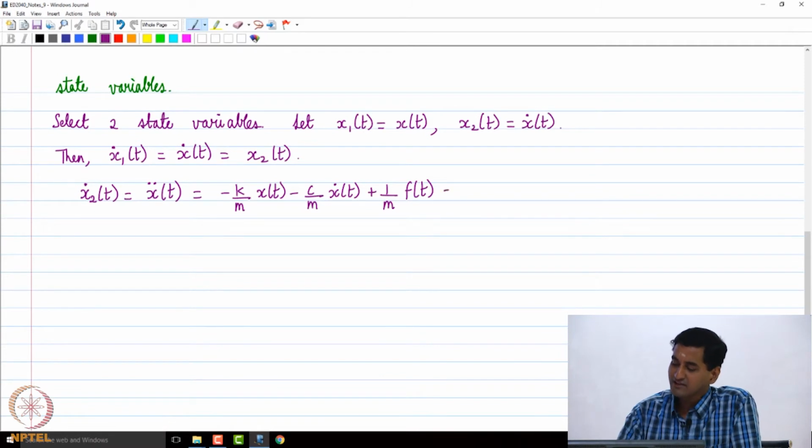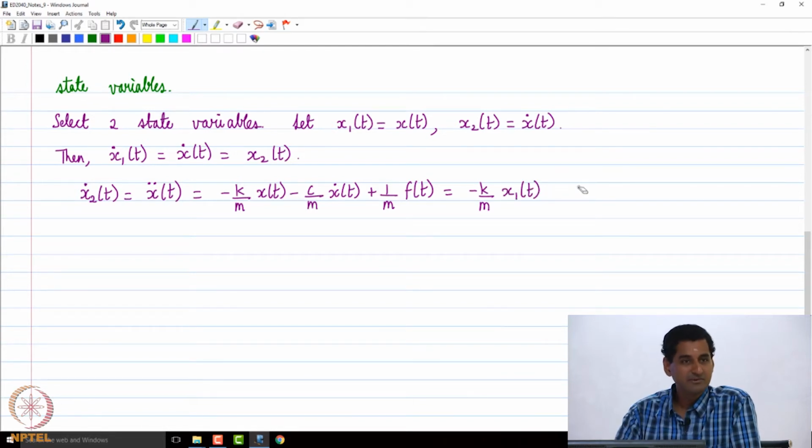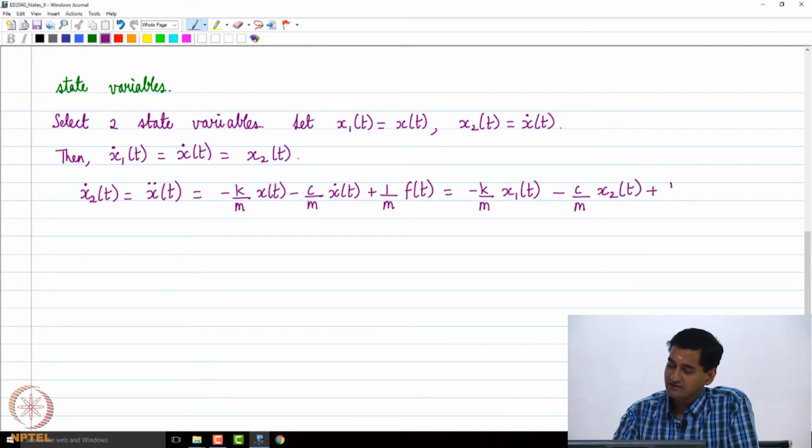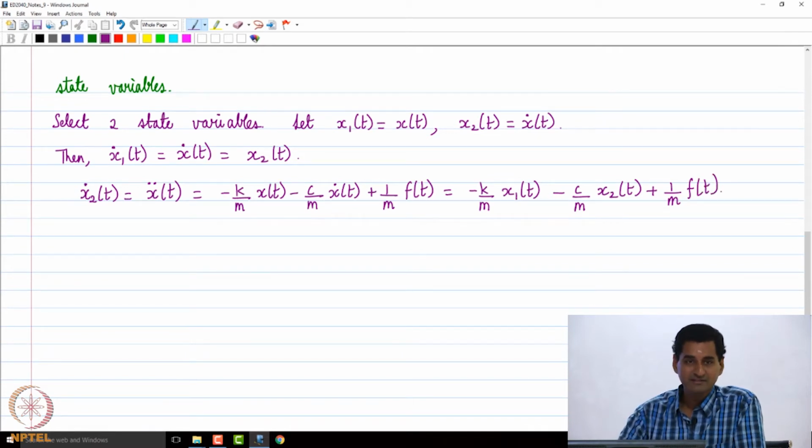Now, what is x of t? It is the first state variable. So, I can replace x of t as x1 of t, and x dot of t is going to be x2 of t, and f of t is the input, I retain it as it is.